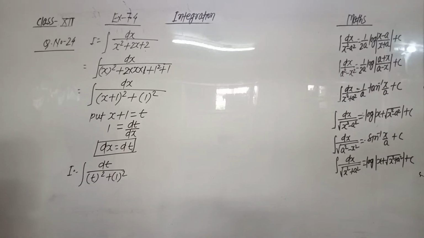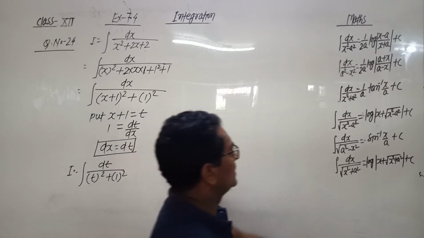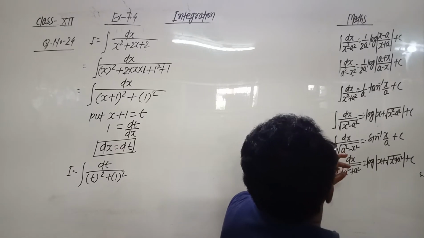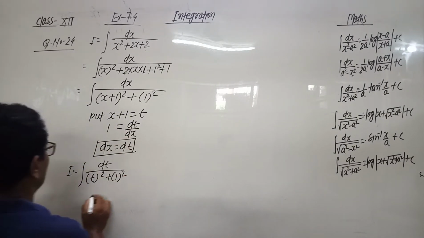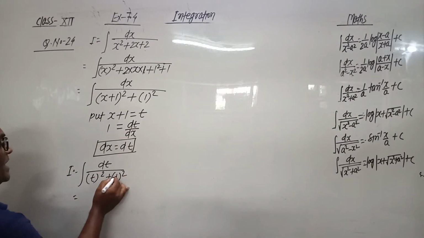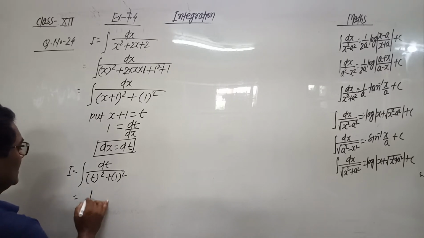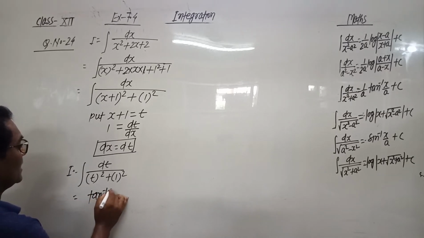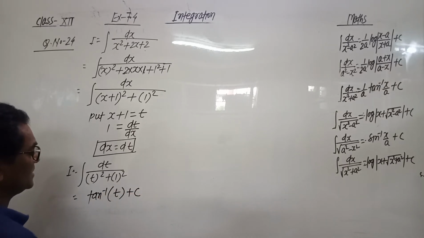This is the form dx upon x square plus a square, and this is equals to 1 by a tan inverse x by a plus c. The value of a is 1, so 1 by 1 tan inverse t by 1, plus c.